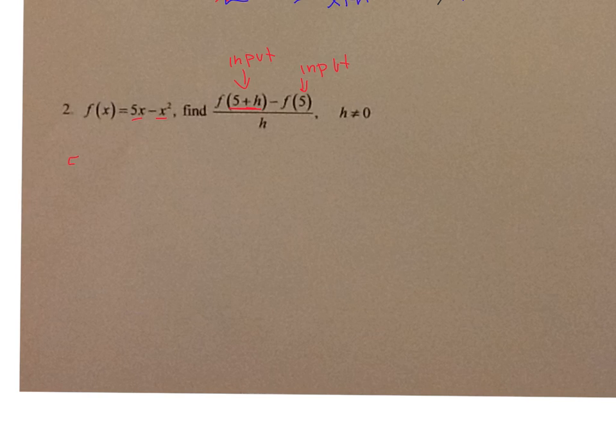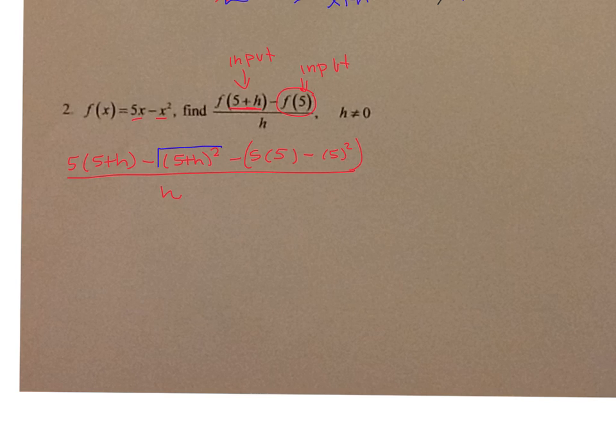So it's going to be 5 times 5 plus h minus 5 plus h squared minus, now f of 5. So 5 times 5 minus 5 squared all over h.